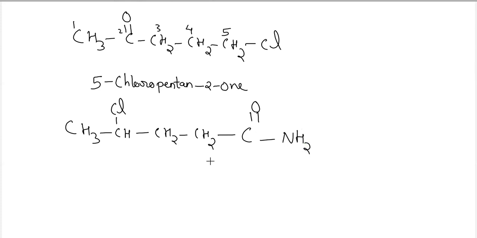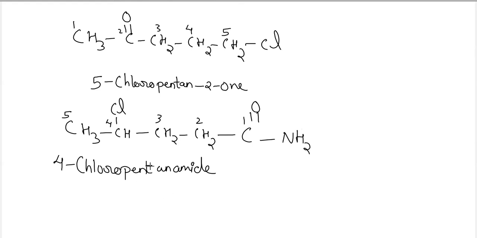Okay, so here the numbering will start from the carbonyl group only. There are 5 carbon atoms where the fourth contains the chloro group. For the 5 carbon atoms, pentane amide, CONH2, it is the amide, so the name of this compound will become pentane amide.